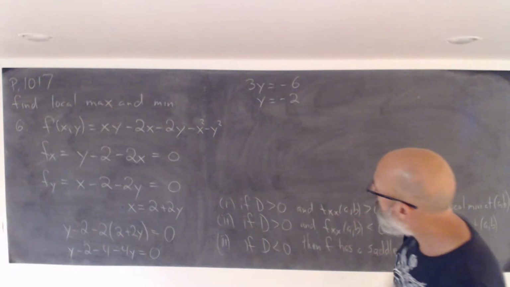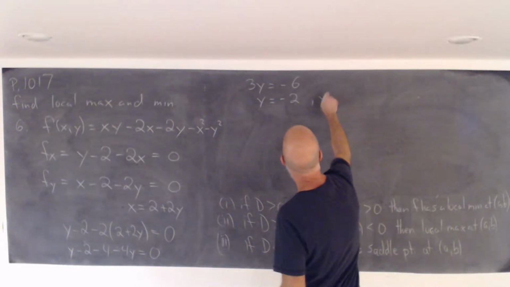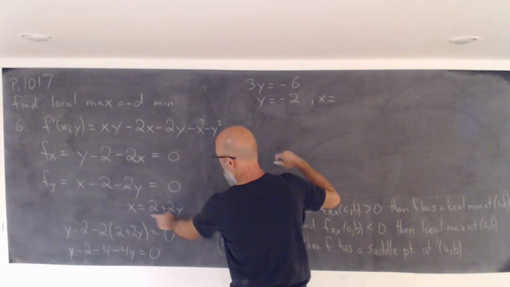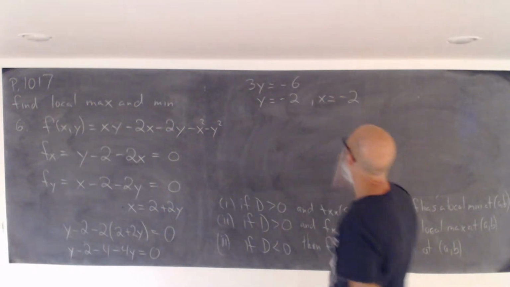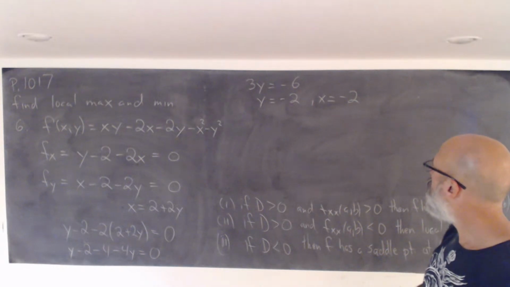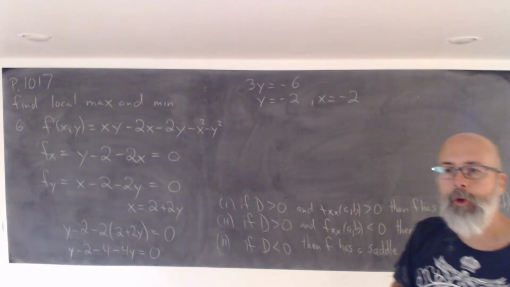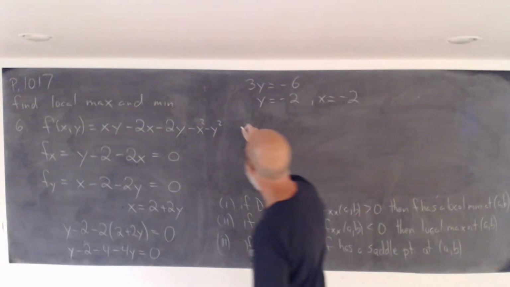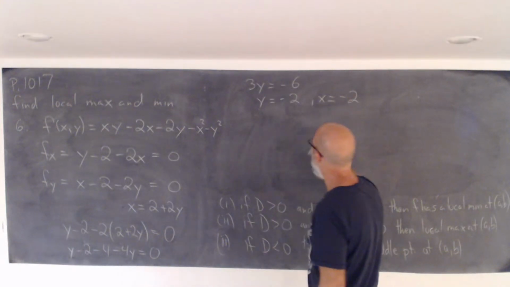And if y is negative 2, then x is negative 2. So we only have one critical point, the point minus 2, minus 2.